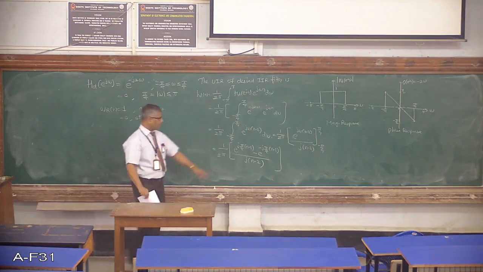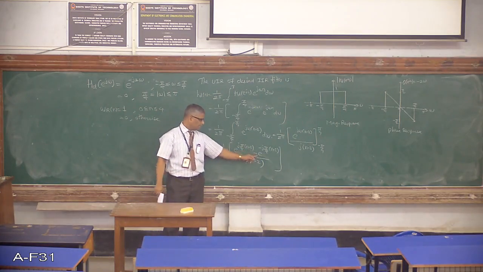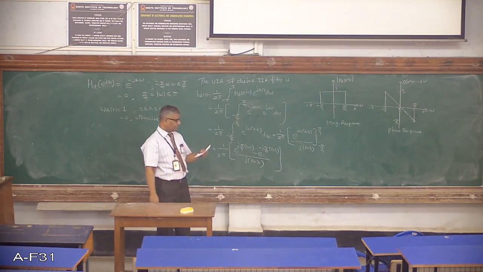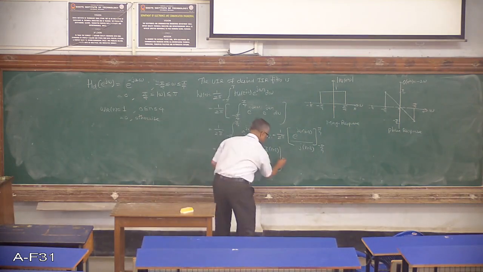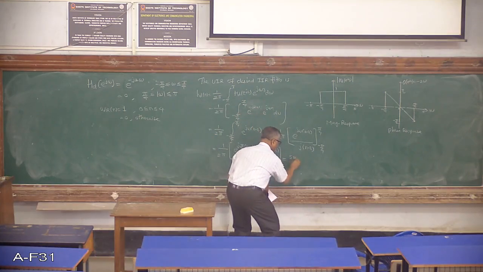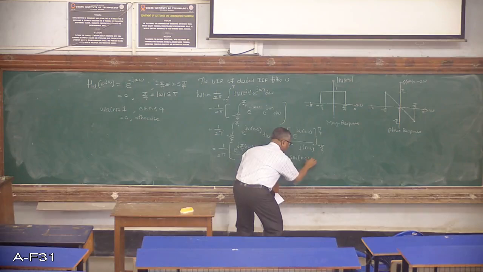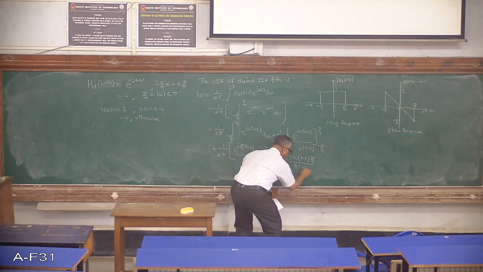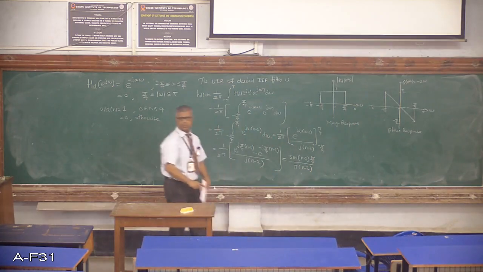This is a sine function, e to the power j theta minus e to the power minus j theta, again it is a 2j sine. If you rearrange and put it, I will directly write that answer. This can be written as sine of pi by 4 times n minus 2, divided by pi times n minus 2. This is the impulse response.